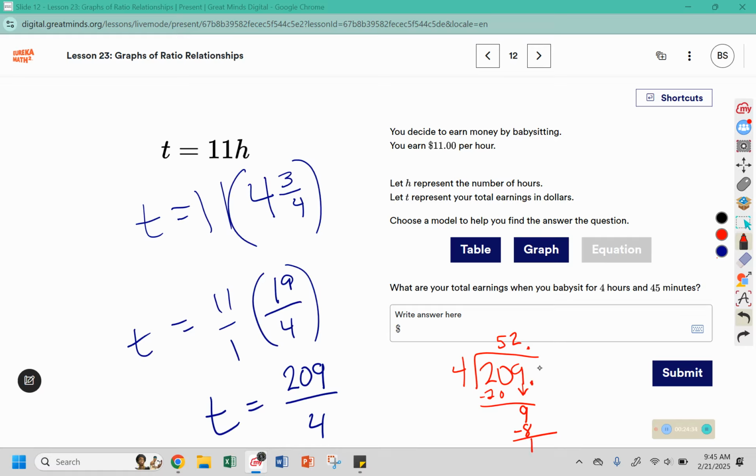That leaves us with 1. Bring down a 0. 4 fits into 10 twice, which is 8. That leaves us with 2. Bring down a 0. 4 fits into 20 5 times exactly. So she's going to earn $52.25.